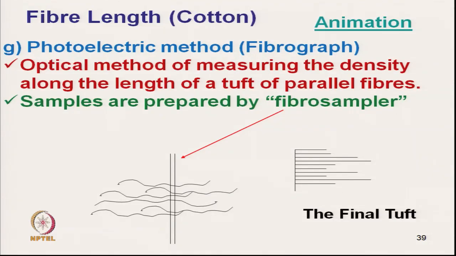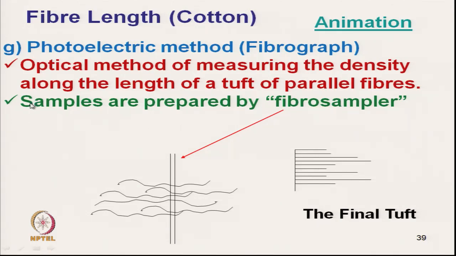Next is the photoelectric method, which is done in the fibrograph using the fibro sampler. As we have already discussed, it is an optical method of measuring the density along the length of a tuft of parallel fibers. It measures the number of fibers.